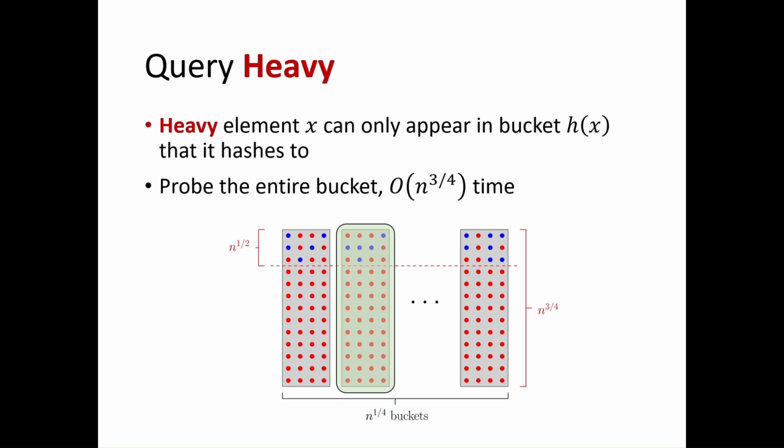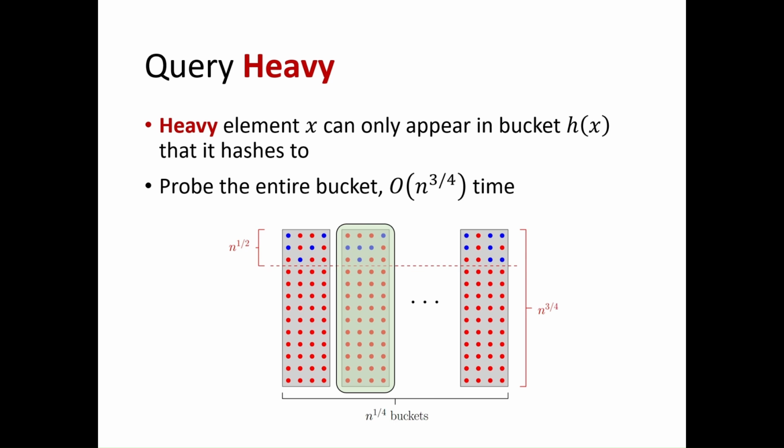Let's begin with queries. When we query a key, we can first see whether the key is heavy or light. If it is heavy, then it is hashed to one of the buckets, and if x is present, it must appear in that specific bucket. So our strategy is simple: we just scan through all of the slots within that bucket, h of x, and try to find x.